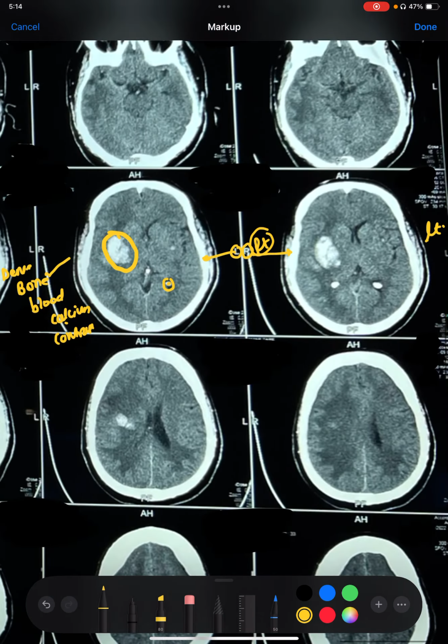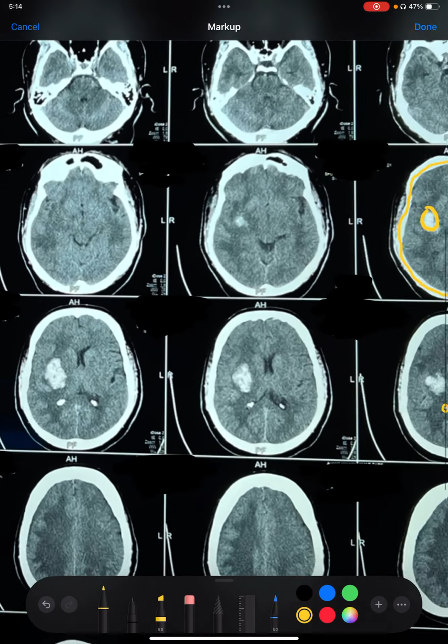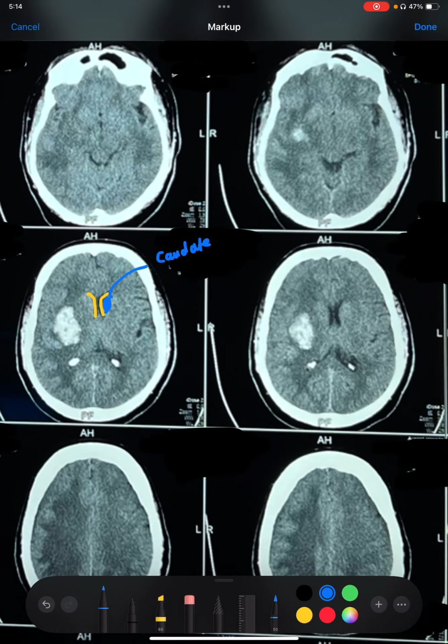Whenever we are about to localize the lesion, the most important structures we can see are the two lateral ventricles, this one and this one, and just beside this, a small almond-like structure is the caudate lobe. This is the caudate lobe, and you will see it here as well.